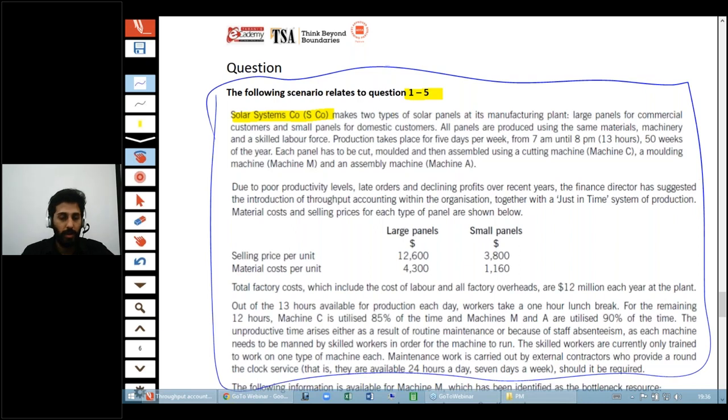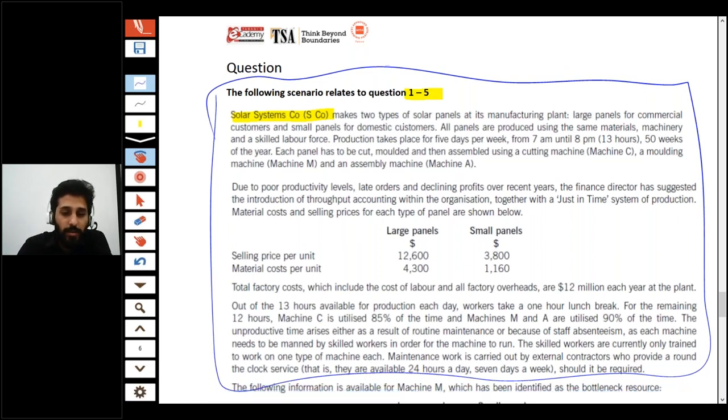All right. Now, whatever information you have read, let's do it together because we have a short time period, bottleneck resource. Solar System makes two types of solar panels. Now I'm reading the punchline. They are available for 13 hours.